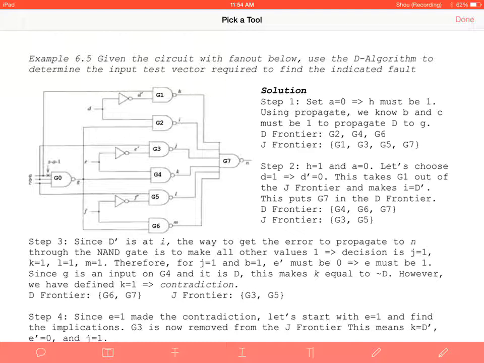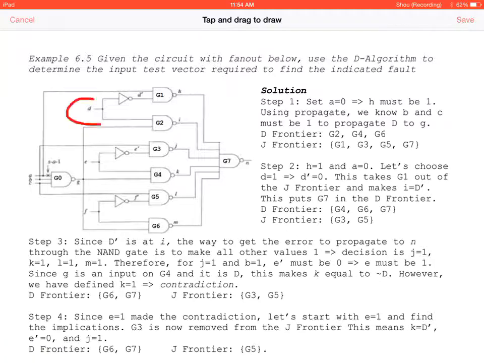So step 2, now that we have H is equal to 1 and A equals 0, now we're going to try to select D here. So if we have 0 here and we have 1 here, right? So it's a NAND gate, so no matter what, it'll propagate through. But let's say we select D is equal to 1 as our input.